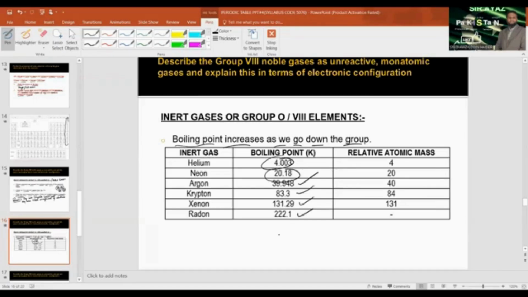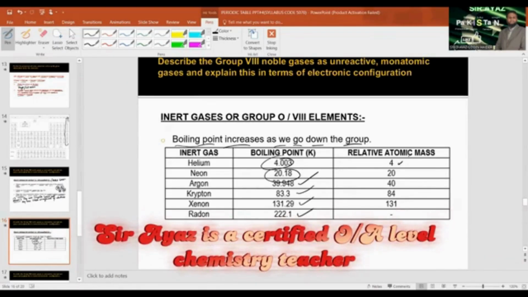You see the difference in the relative atomic masses? Helium 4, neon 20, argon 40, krypton 84, xenon 131. This will be the reason. As we go down the group, what is happening?